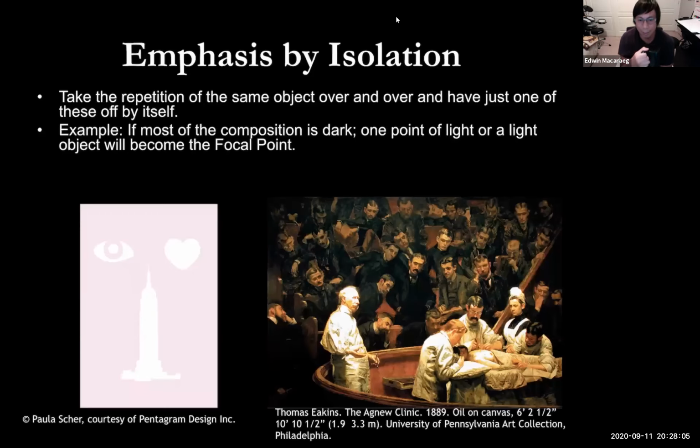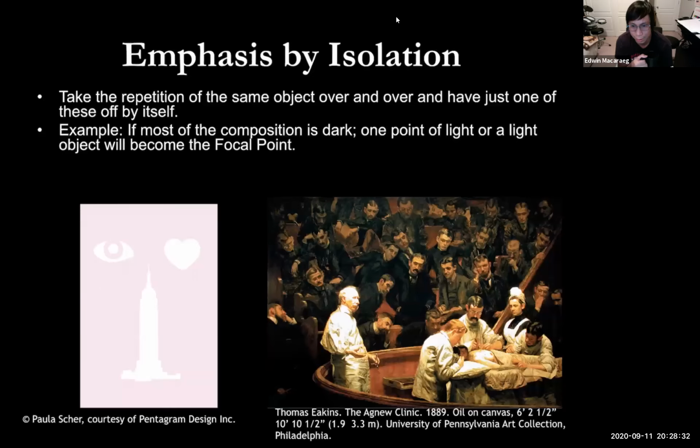And with the painting, The Agnew Clinic, 1889, by Thomas Eakins, of course, there is the use of isolation through this chiaroscuro, this light and dark effect happening throughout the whole piece. In the negative space, we see many figures, all leading towards the subjects that seem to be towards the front.